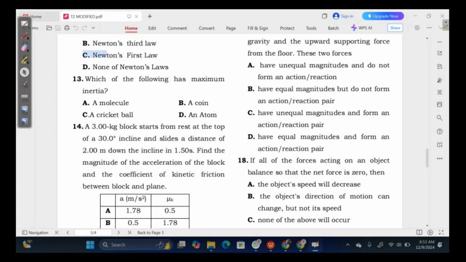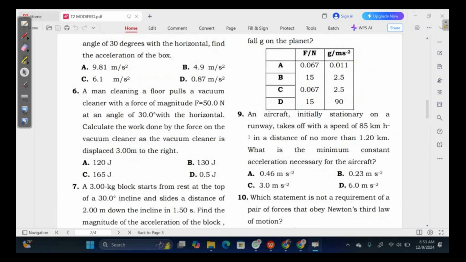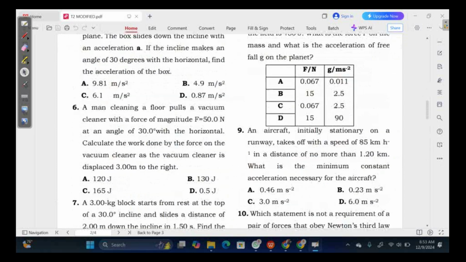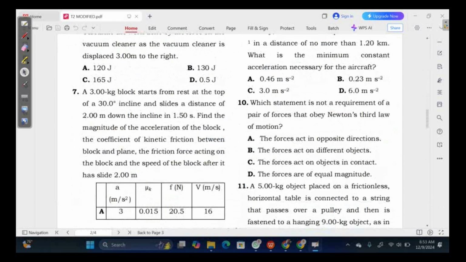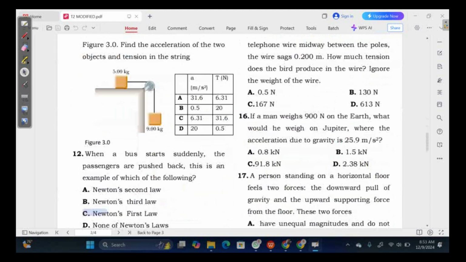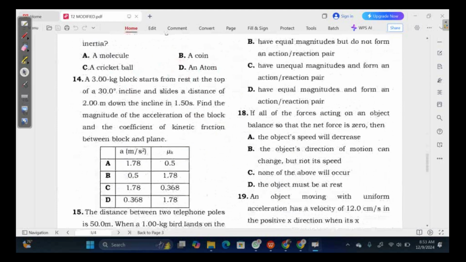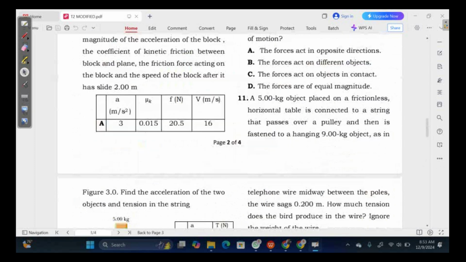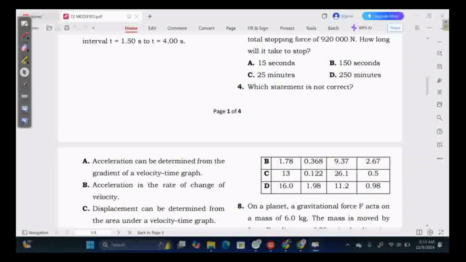We move to the next question. They repeated this question. Question 14 is exactly the same as the question which we solved yesterday. Let me show you. This question 7. So they have repeated, but here now they are only asking to find the coefficient of friction, and we found that the answer was B yesterday, where we said the coefficient is 0.3.